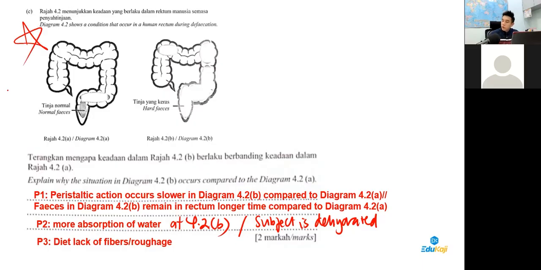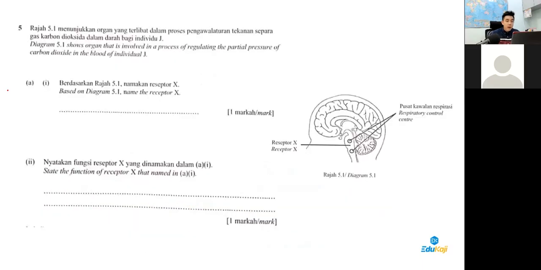Then question number 5 is from Form 4 Bab 12, coordination and response. Name receptor X. Very easy. Because we are talking about regulation of partial pressure of CO2, this is carried out by chemoreceptors.